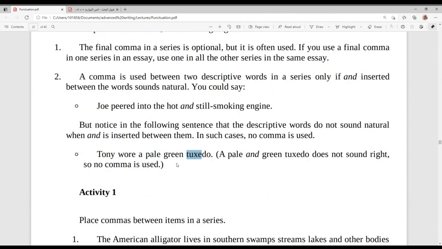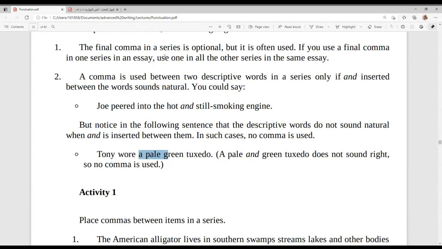Pale green. Also, we don't use and and we don't use a comma here, because it doesn't sound natural to use and or to use a comma. So sometimes we have a series of descriptive words or adjectives without using a comma or without using and.